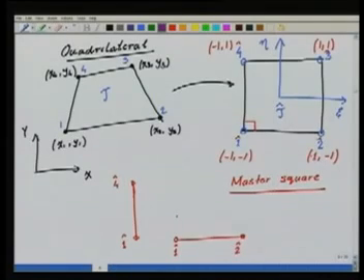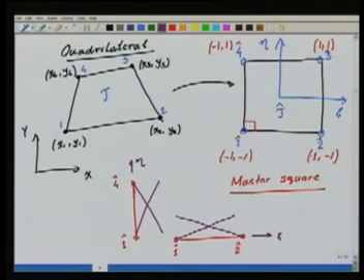Let's say if I am talking of the linears, I will define these linear functions on this edge which is in the direction psi, and this edge which is in the direction eta. I will define again these linears. So I will say that this is n1 psi, this is n2 psi, this is n1 eta, this is n2 eta.